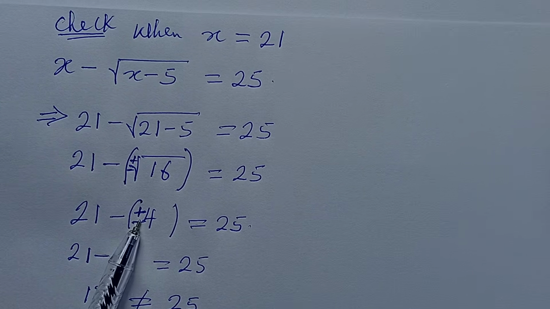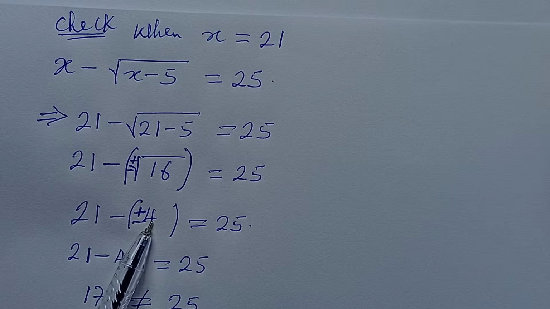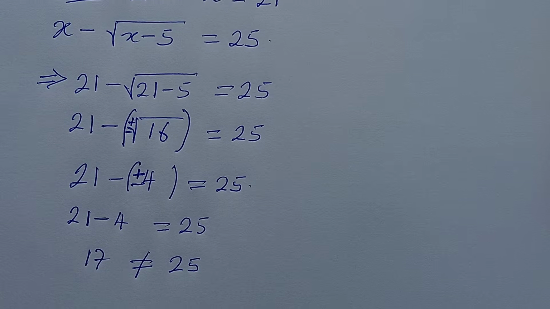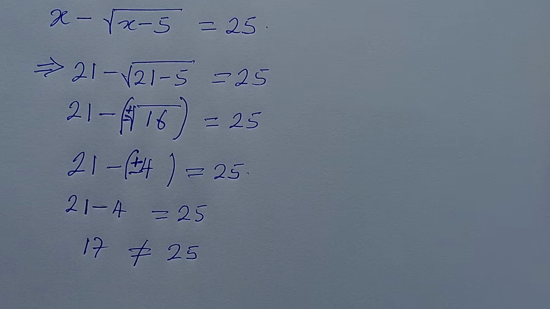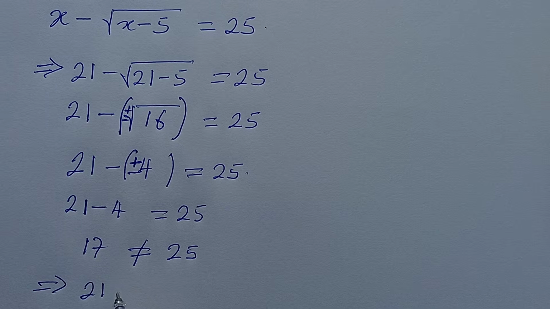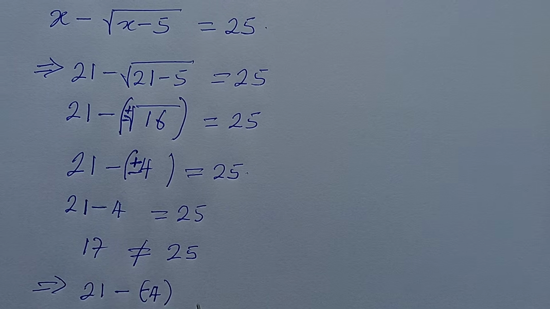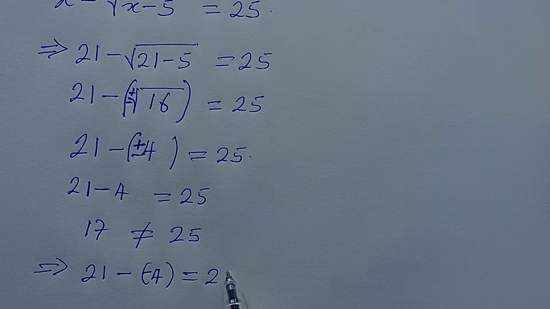We are going to discard the positive of the square root of 16, and so we are taking the negative. You see where the challenge lies. So if we take the negative, this gives us 21 minus bracket minus 4 equal to 25.